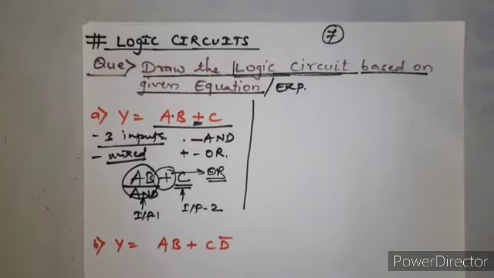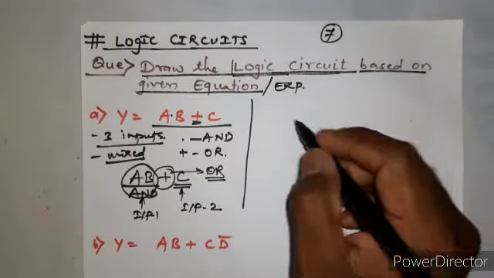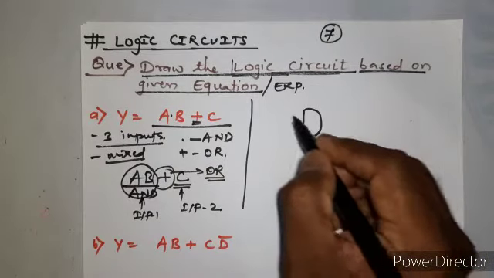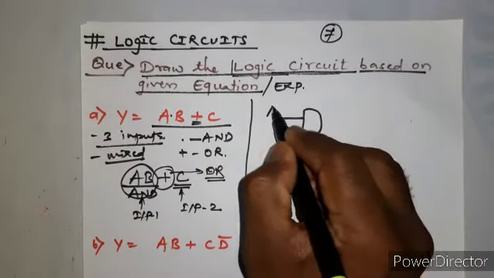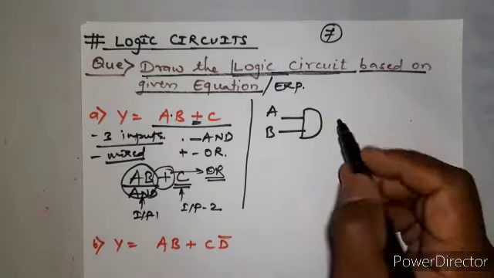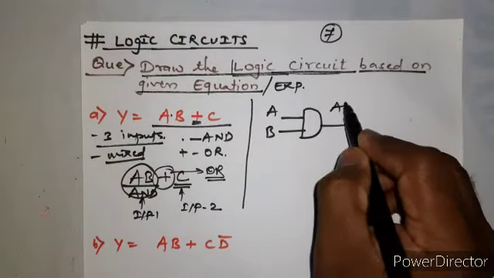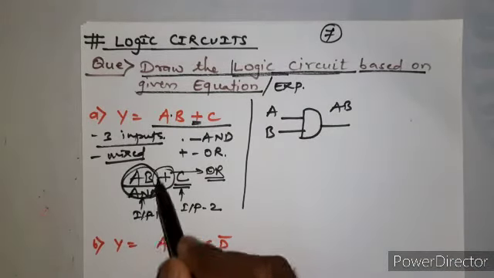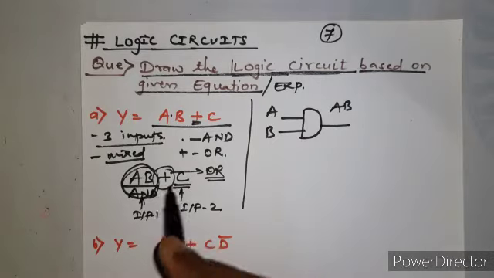So let us directly draw this. I need to draw an AND gate here, with inputs A and B. What is the output of this? A, B. Now you can see this AB and this C are ORed.